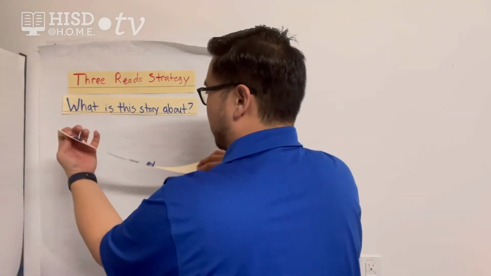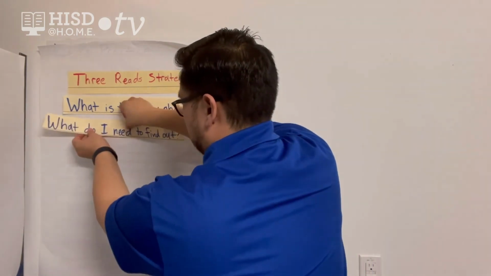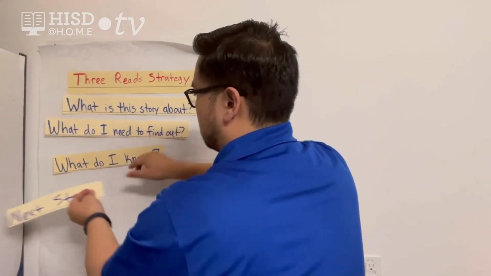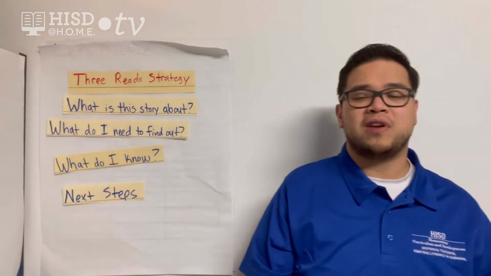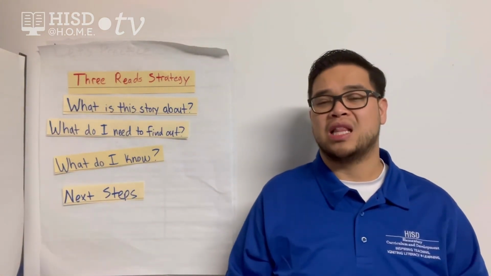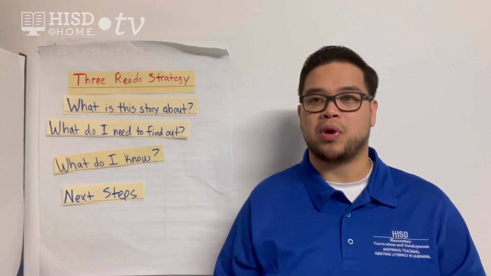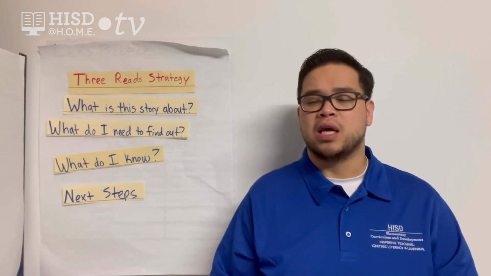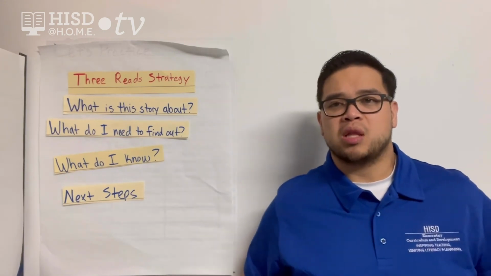What do I need to find out? What do I know? And then your next steps. Using the three-read strategy will definitely help you solve problems a little bit better and make life a little bit easier so you're not so frustrated when it comes to word problems. So keep this strategy in mind when you're doing math word problems, math stories, and not just with conversions, but with any problems where you have to break down the problem to determine what the story is talking about.